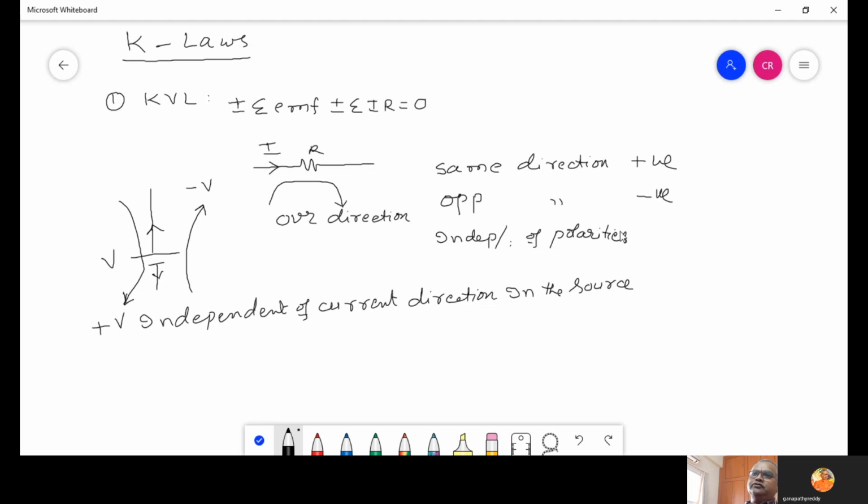The resistor doesn't see the plus minus. The source doesn't see the current. For a source you should see plus minus. For a resistor we should see the current direction. So this is the sign convention of KVL.